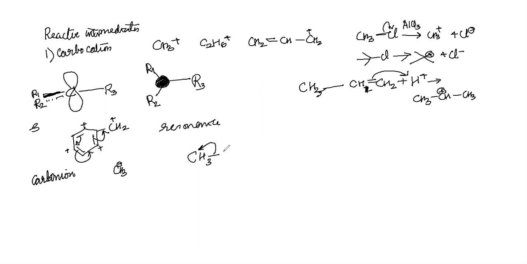So what is needed is you require a less electronegative atom here, an atom M with less electronegativity, for example, magnesium. So methylmagnesium bromide will dissociate into CH3 minus and MgBr plus. Okay, this will dissociate in this way. So this generates a carbanion.